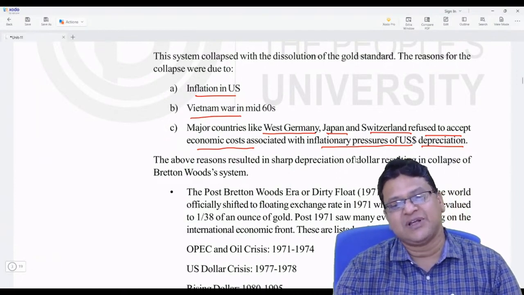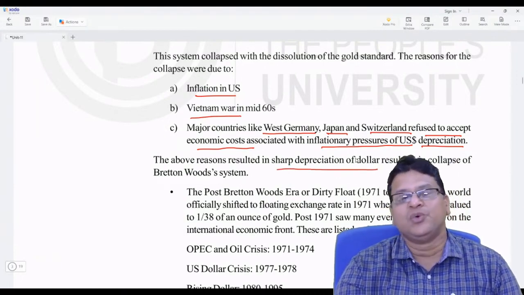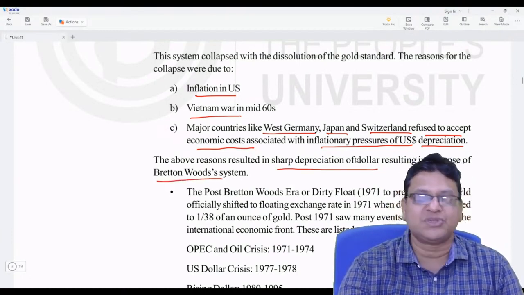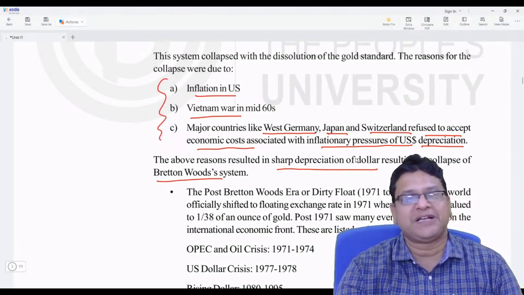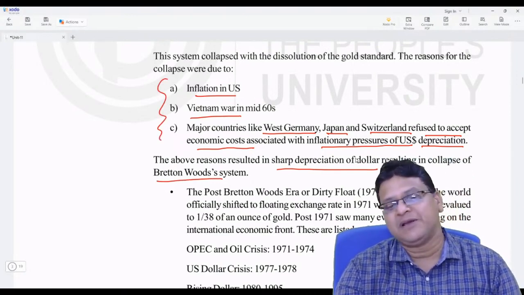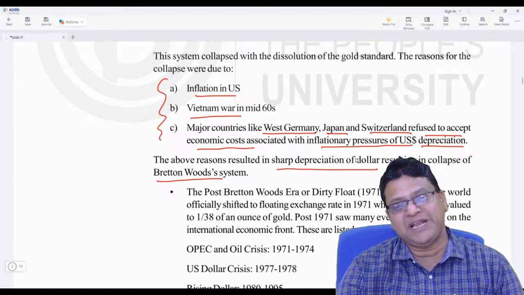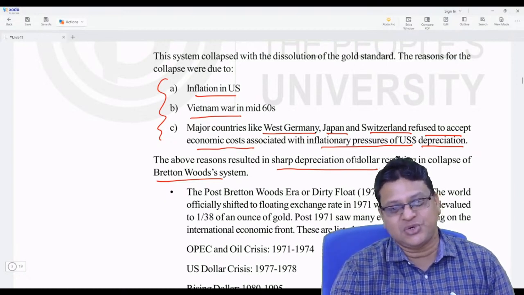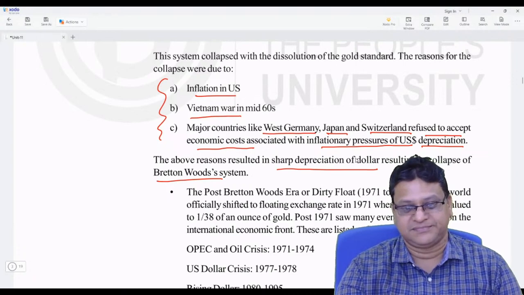These are the reasons why there was a sharp depreciation in the dollar, which resulted in the collapse of the Bretton Woods system. As the dollar value depreciated, the Bretton Woods system could not be followed, because the system was that every country tried to fix the exchange rate in relation to gold or in relation to the US dollar.